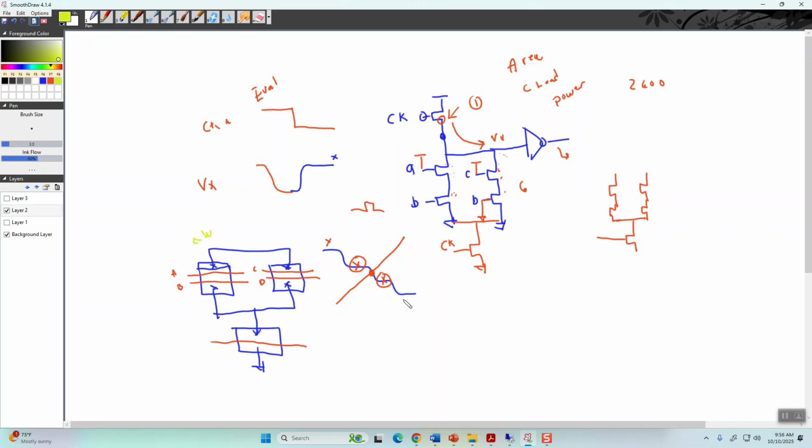Now it's down to 1, so you're saving area. And the chip size is limited to a point, so the more you can pack in here, the less data you have to send off and on chip, which is saving power.